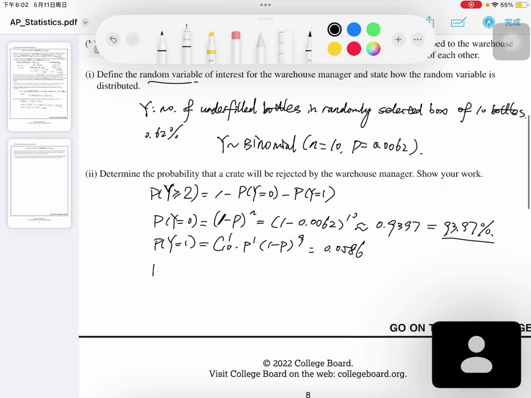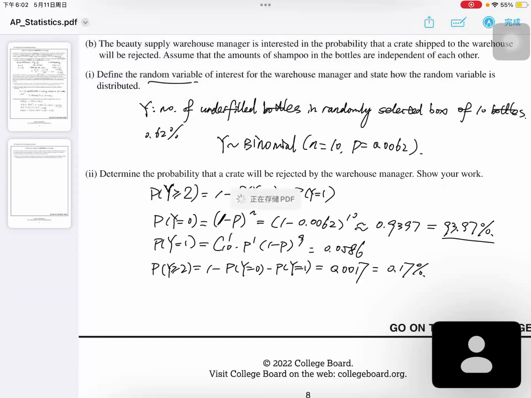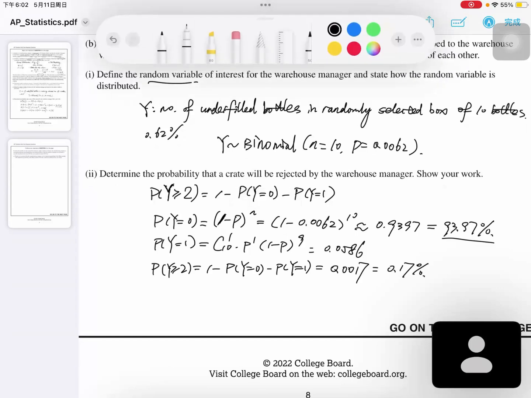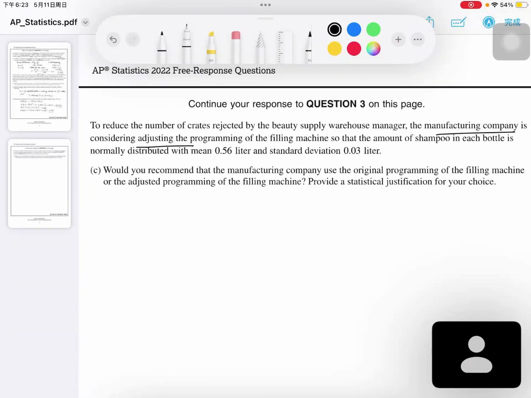Then we can subtract them. So it equals 0.0017, which is 0.17%. So this is the final answer of the second question. Do we have any problem?